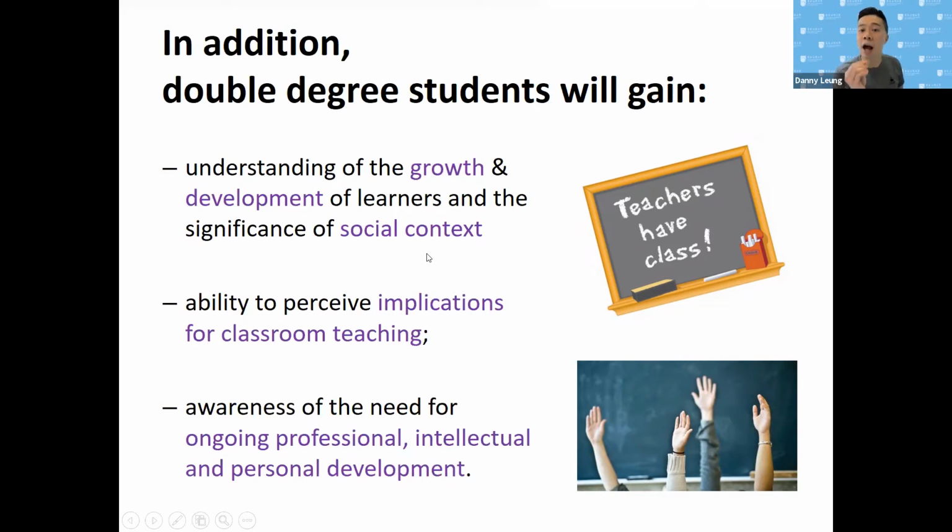If you have to be a teacher, even though you are an English teacher, not only are you teaching the subject matter, which is English, you also have to take care of the learners' growth and their development.